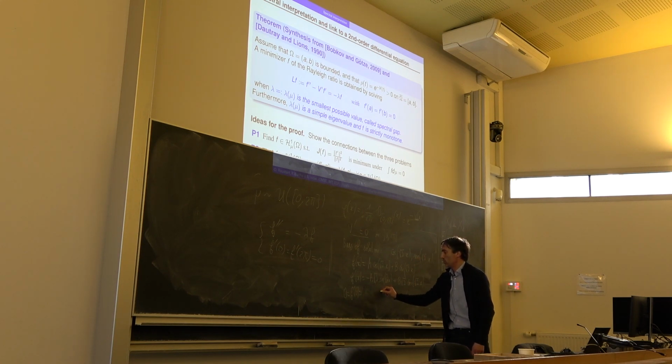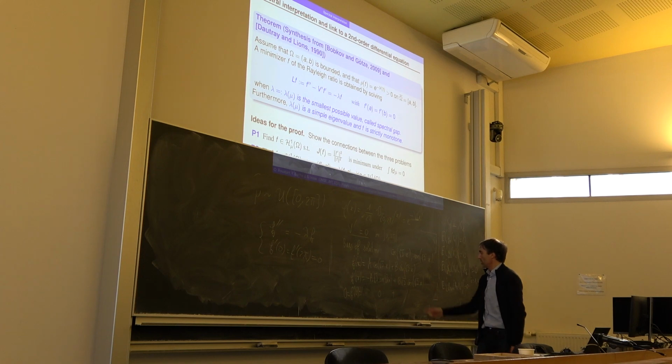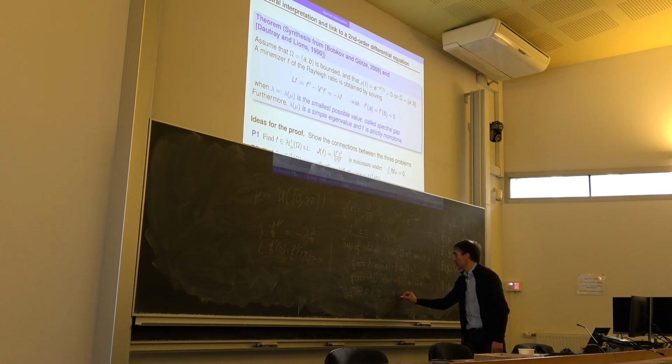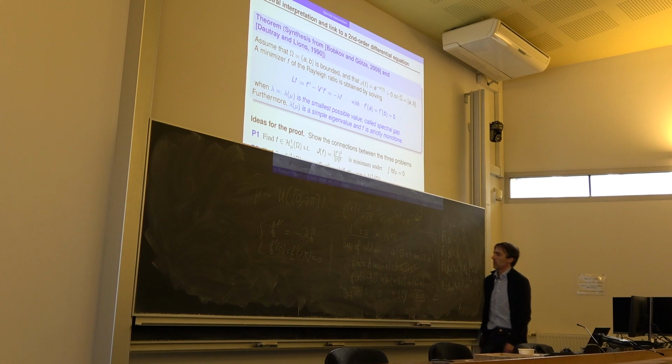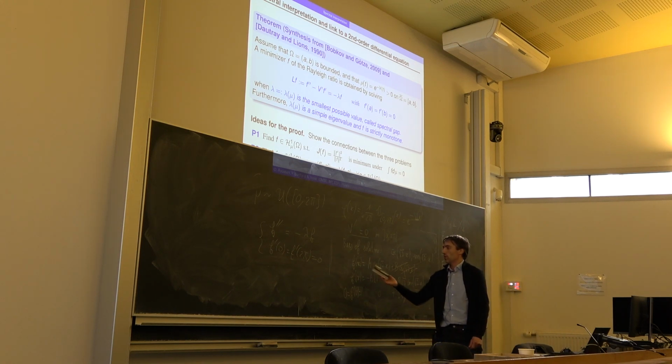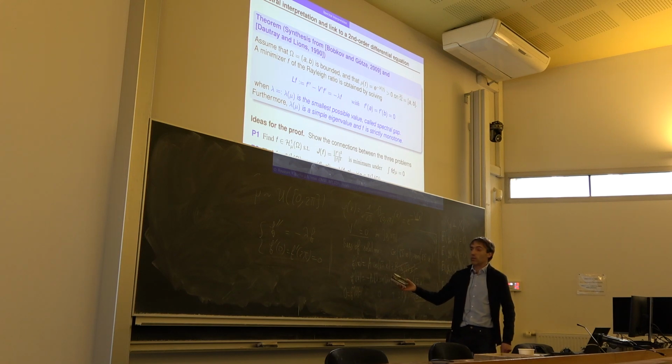So this one is 0 plus b square root of lambda. So it gives you that b is 0. Okay, so you know that your eigenfunction is a cosine.